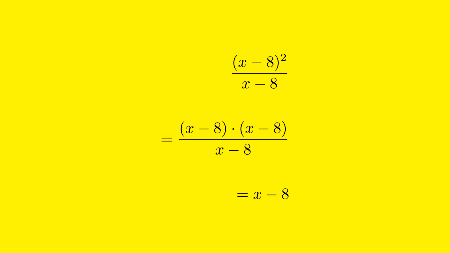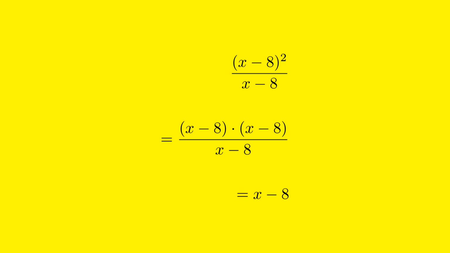In this step, we simplify the expression by canceling out the common factor from the numerator and the denominator. The common factor is x - 8, which appears once in the denominator and twice in the numerator. Since (x - 8) divided by (x - 8) equals 1, we can cancel out one of the x - 8 terms from both the numerator and the denominator.